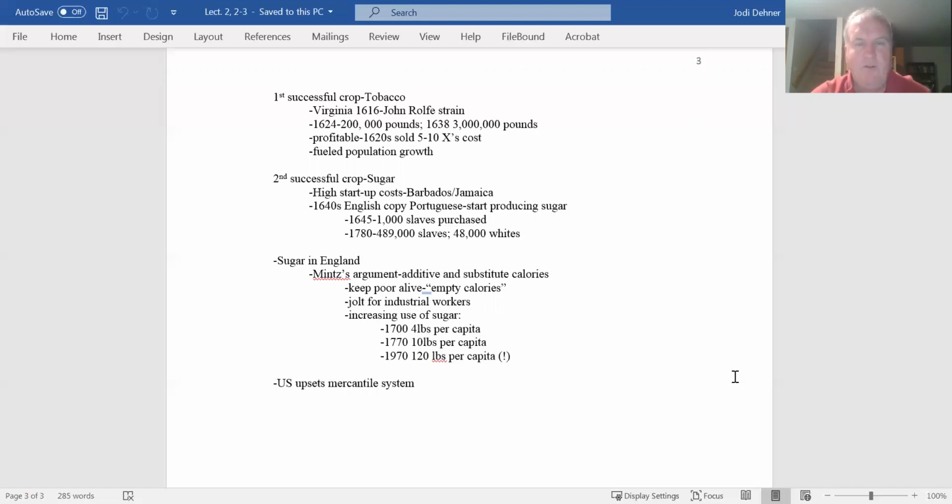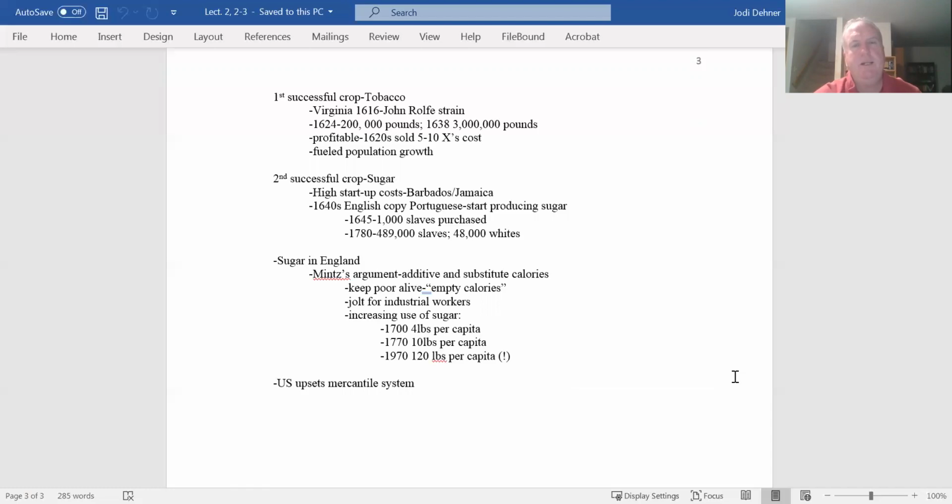By 1624, I should say, 200,000 pounds of tobacco were being shipped out of the Virginia colonies back to the mother country, where they were then sold throughout Europe. By 1638, these 200,000 pounds had grown to more than 3 million pounds of tobacco. This is a tremendous flourishing of this profitable crop, tobacco. And it was highly profitable.